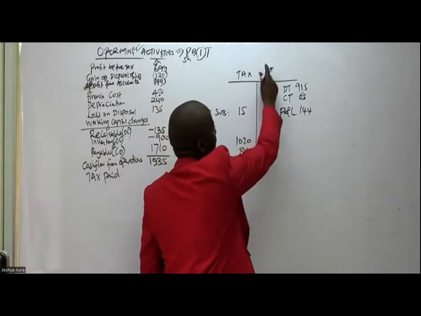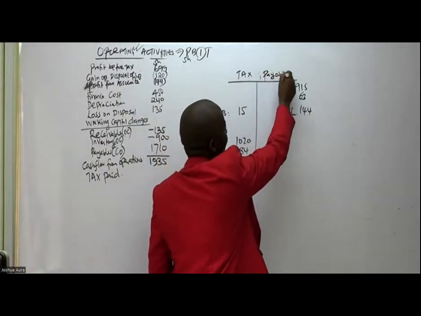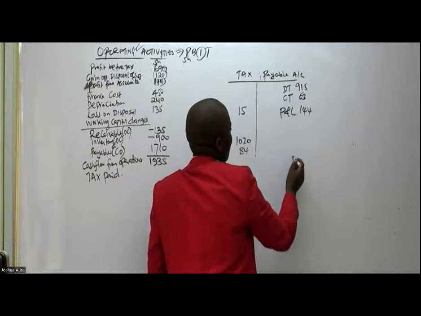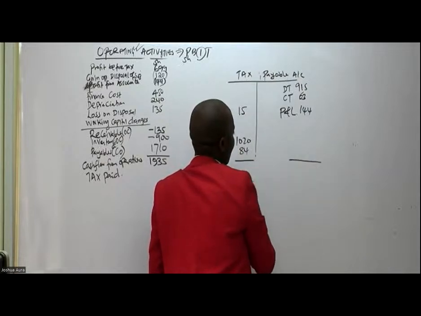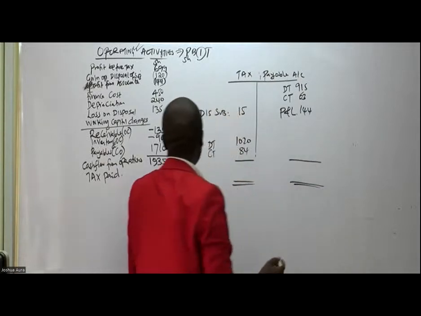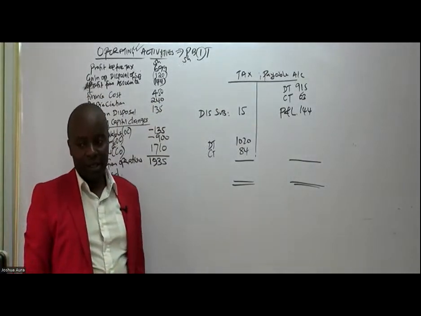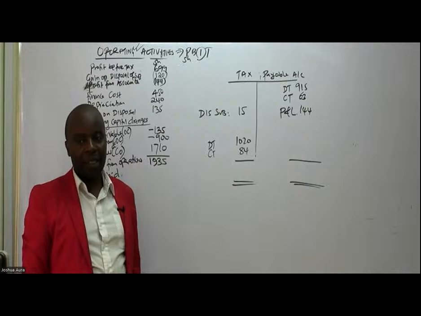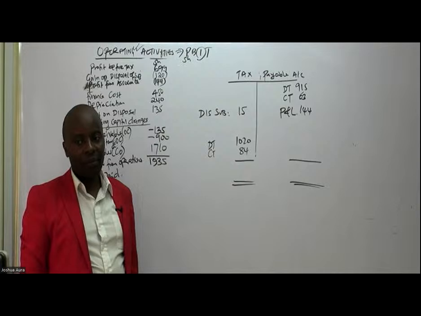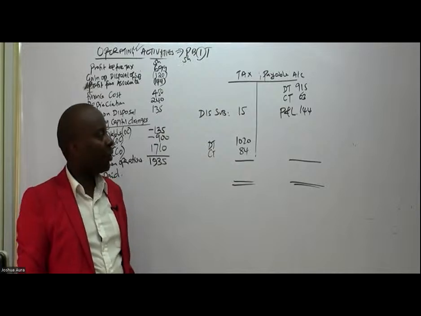So this is a tax payable account. First of all, could you kindly give me the bigger side? If it's credit, give me the total for the credit.